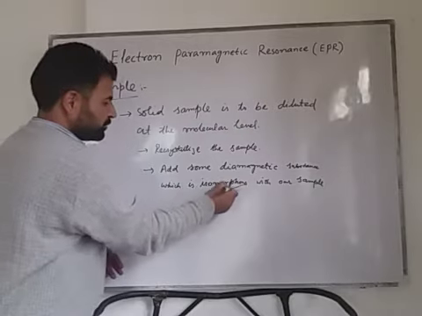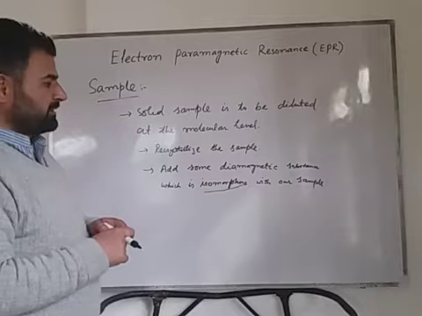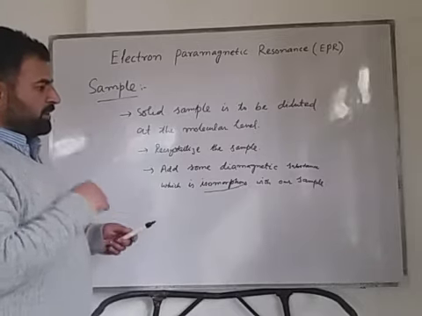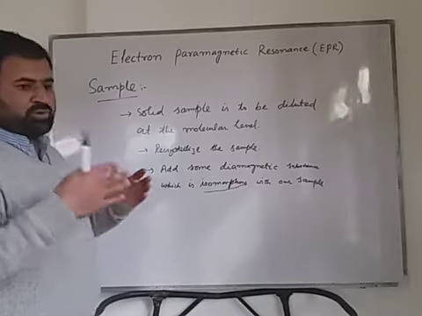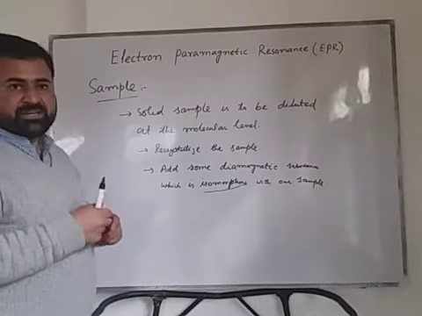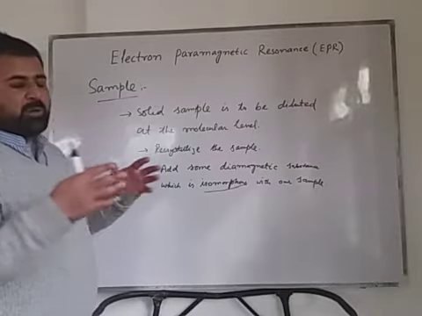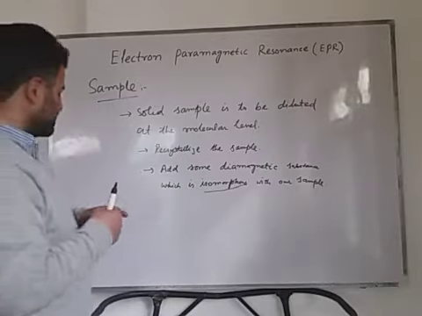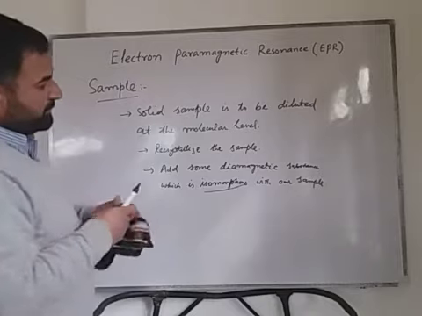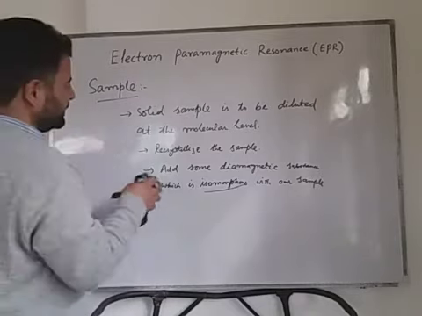That means it should have the same crystalline structure as our sample, so that on recrystallization both will crystallize together and form a single phase, and the molecules of our sample will be further apart from each other. In this way, we can dilute a solid sample in EPR spectroscopy.